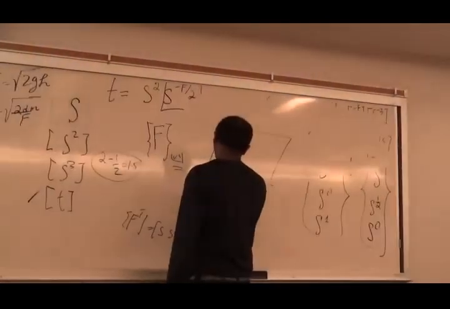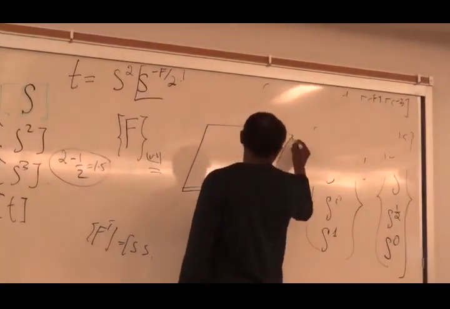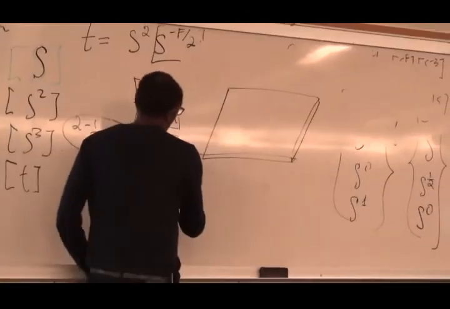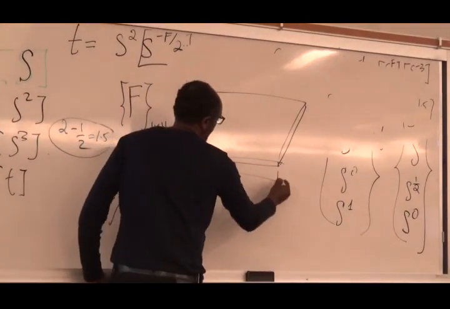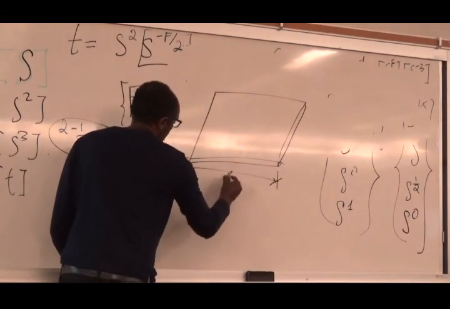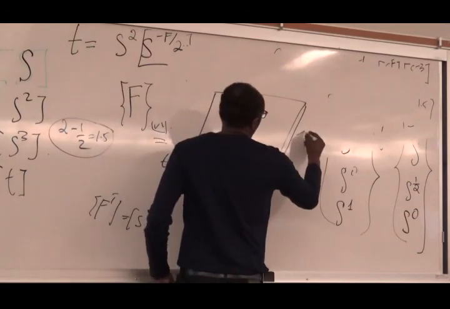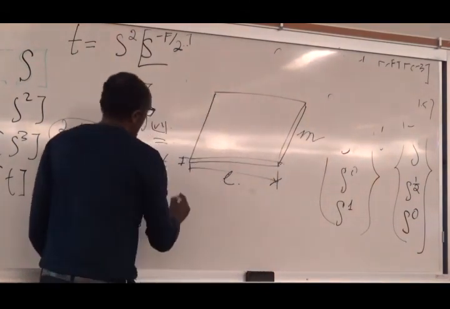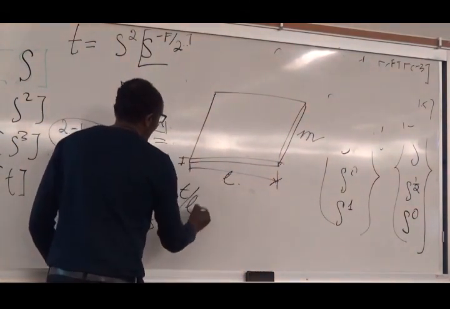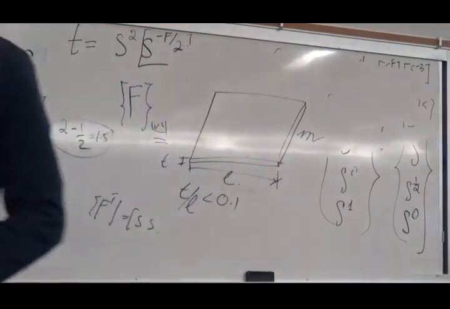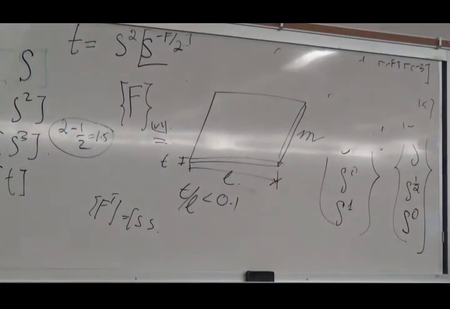If I have a plate, so this is L, and that's M, for example. This is two-dimensional. Let's assume T over L is less than 0.1. So it's a very thin plate. Or it could be a shell. Some of you may have to design a shell structure, a pipe or something.